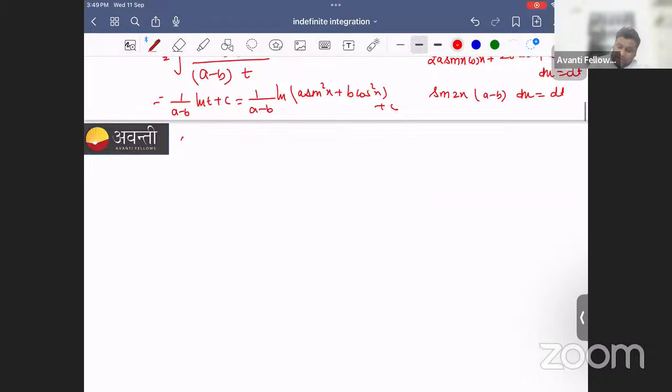Now there is a very important question that is from NCERT only, if you guys have seen it. Integration of cos x upon cos of x minus a dx. Give it a try. I hope nobody has forgotten it.